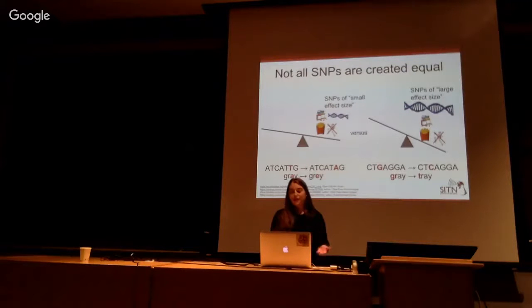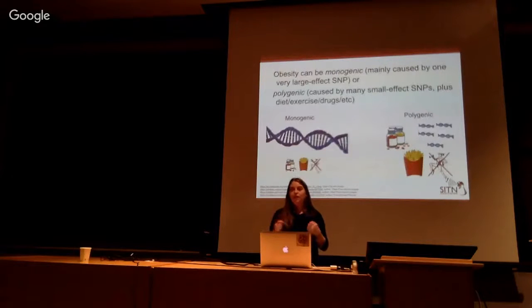So all of this together is to say that there are actually two kinds of obesity with respect to genetics. Obesity can be monogenic, which means it's caused mainly by one very large effect SNP, or it can be polygenic, which means it's caused by small risk from many different SNPs, as well as large changes that have to do with lifestyle.